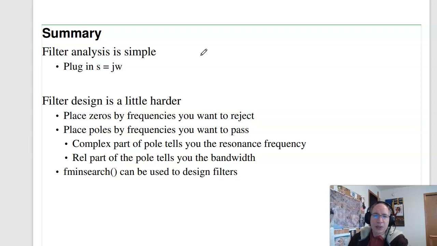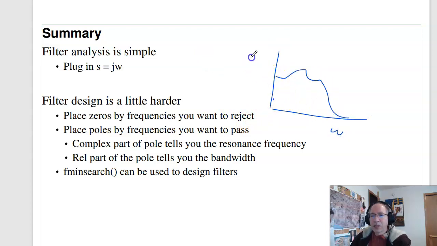If I want to plot the Bode plot, that would be the gain versus frequency, kind of like we're showing there. Again, MATLAB is useful. I just calculate what's the gain at 1,000 points and plot them. That's analysis. Pretty straightforward. Filter design is a little bit harder.